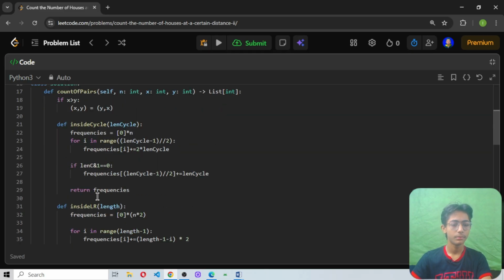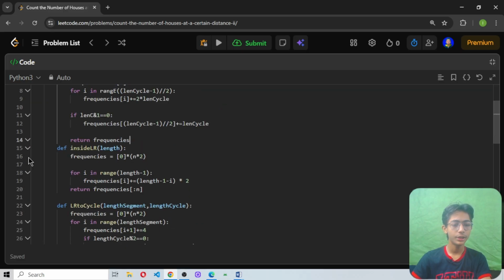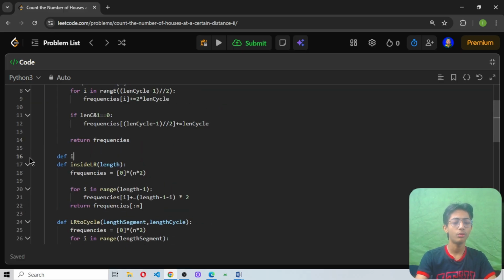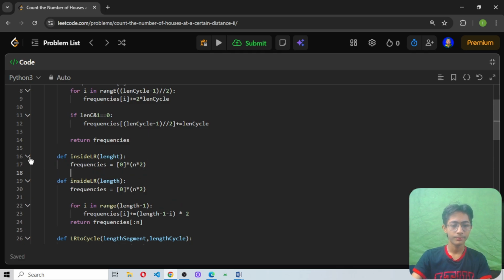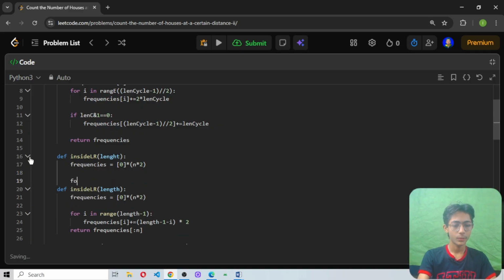Now we have written these codes. Now we want to write more codes inside lr length. Frequency 0 multiplied by n multiplied by 2, for i in range length minus 1.